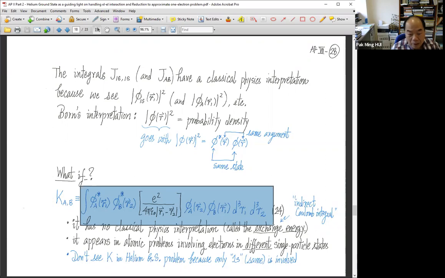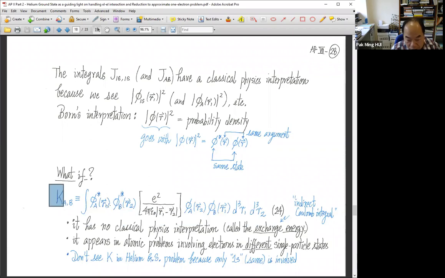All right? So this looks very much like the J integral. Nonetheless, there is no classical physics interpretation. This is called the indirect Coulomb integral, or it is called the exchange energy, or it is called the Hartree-Fock term, or the Fock term.